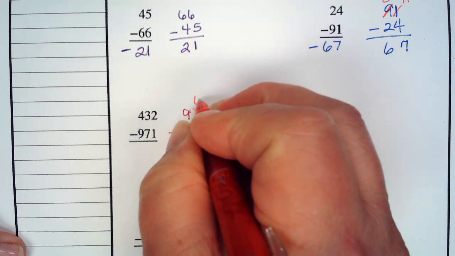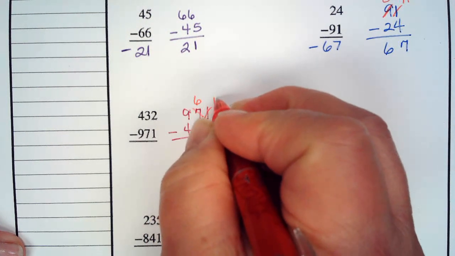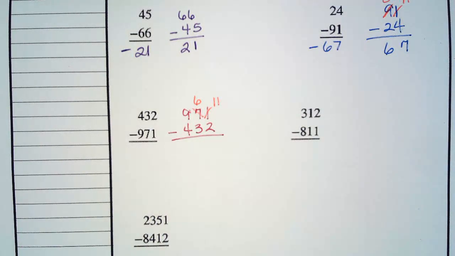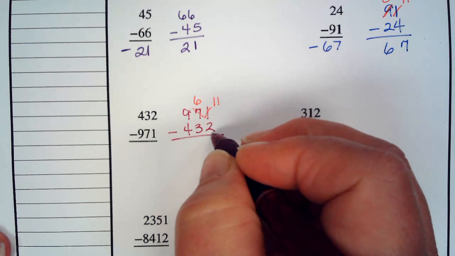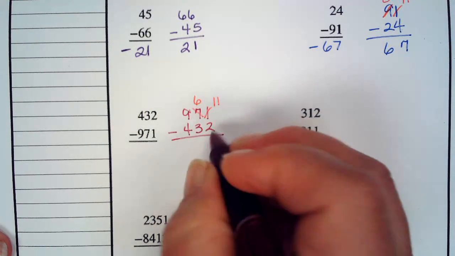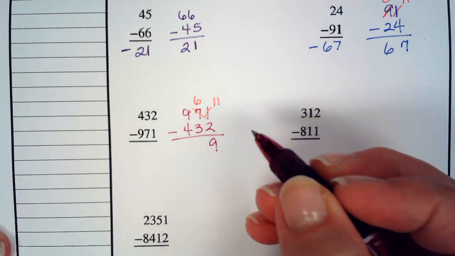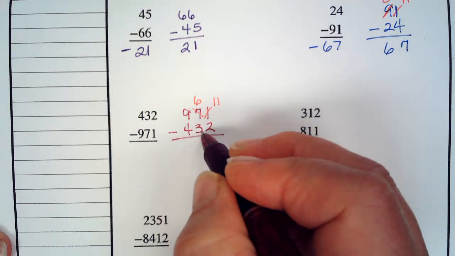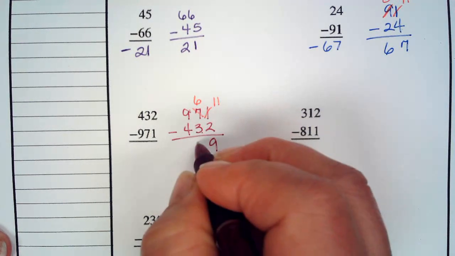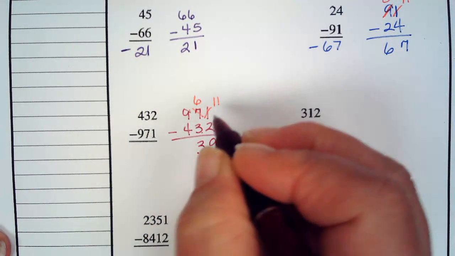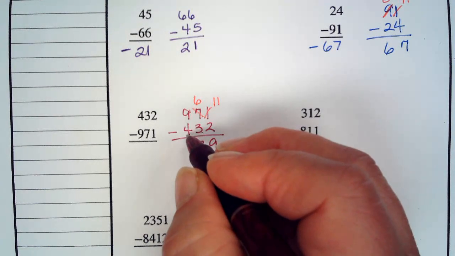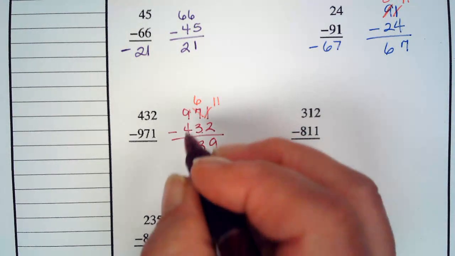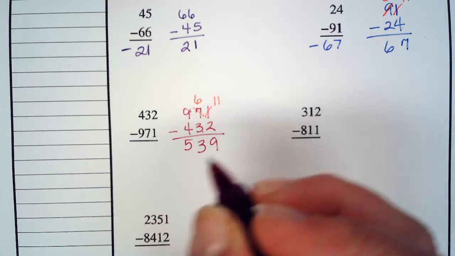Borrow from the 7, I've got 6, and this becomes 11. 11 minus 2, 11 menos 2 is 9. 6 minus 3, 6 menos 3, 3. 9 minus 4, 9 menos 4, 5.